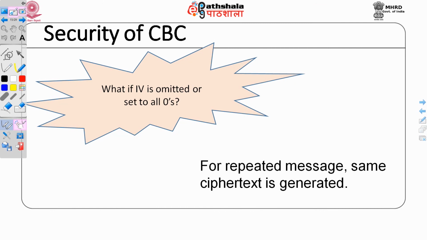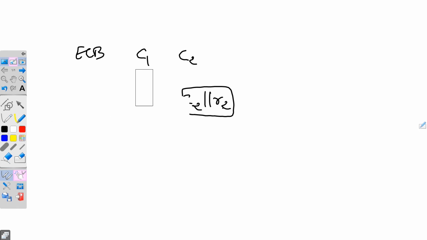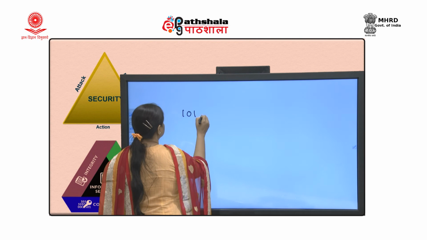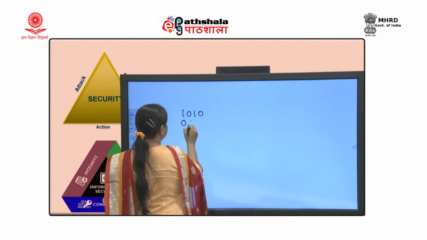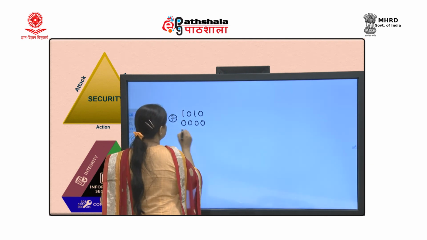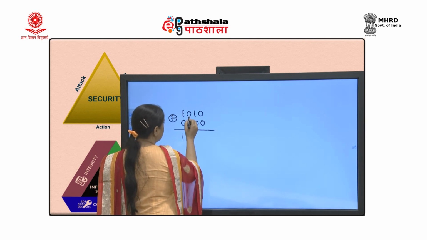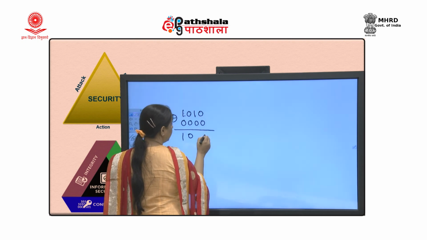To put the point, we will look back. If there is no IV or it is 0, you all know how the exclusive OR operation works. Exclusive OR gives 1 if the inputs are different, and 0 if the inputs are the same.